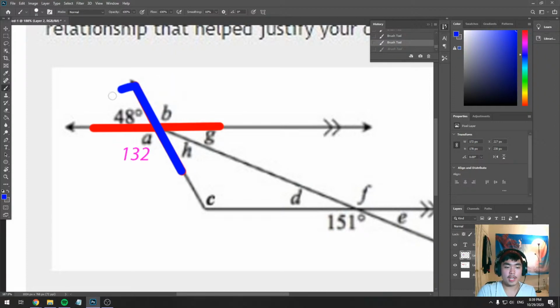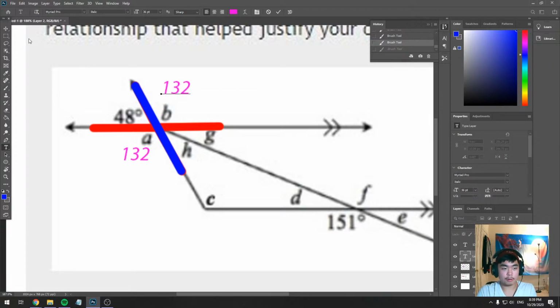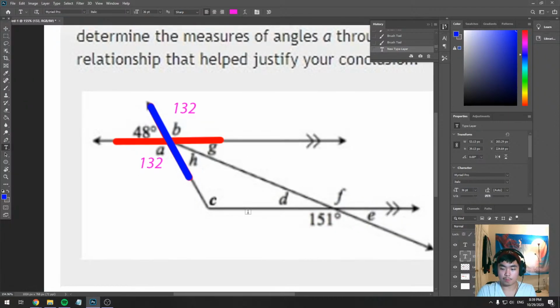Whereas 48 degrees is between red and blue here, but H is between blue and this black line. So these are not opposite angles, right? However, B and A are opposite angles. Okay, so because they're opposite angles, right, and we know opposite angles are congruent, B is equal to 132. All right.